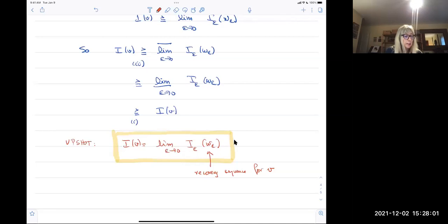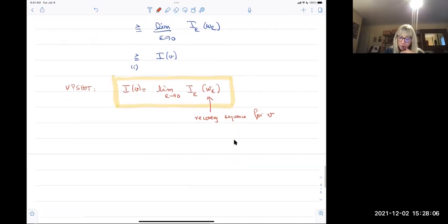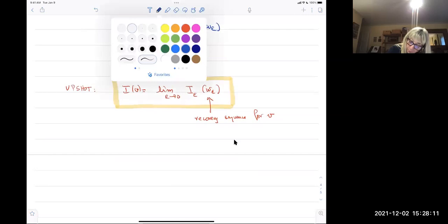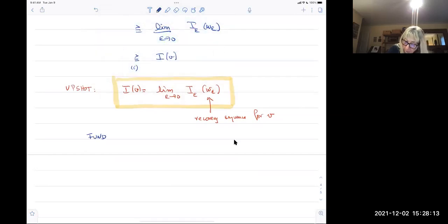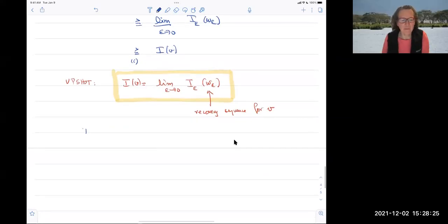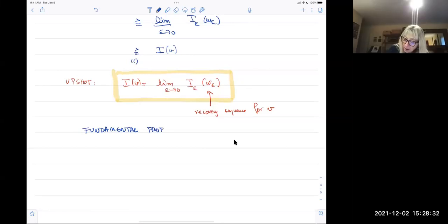Okay, so now I told you that every time, that's a fundamental property of gamma convergence. So this is something I already announced, and I'm going to prove to you.